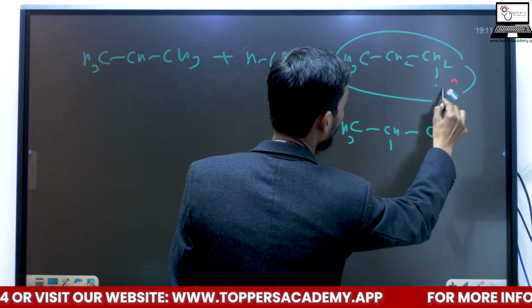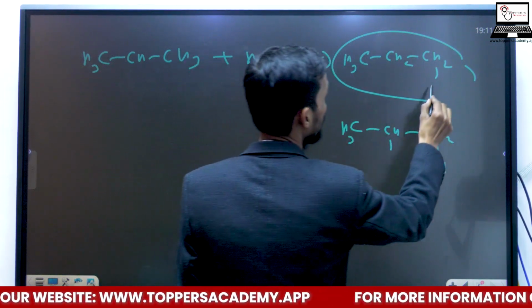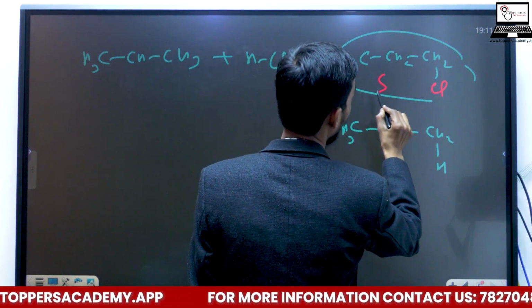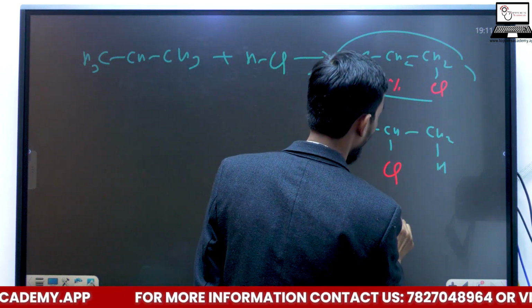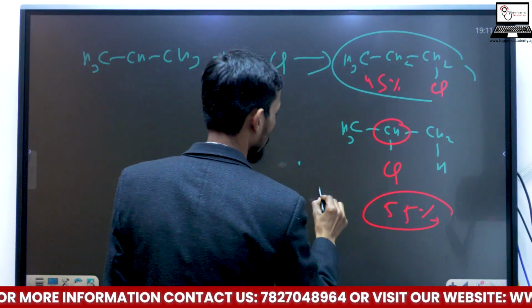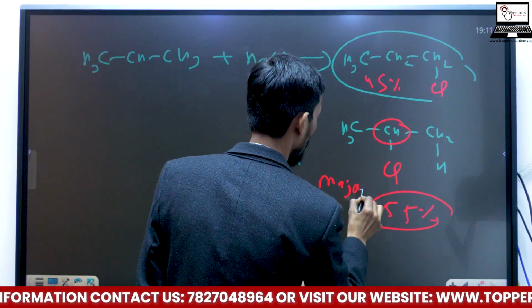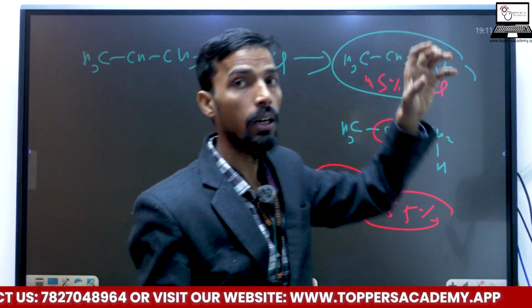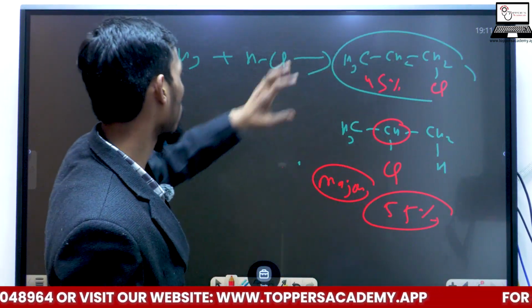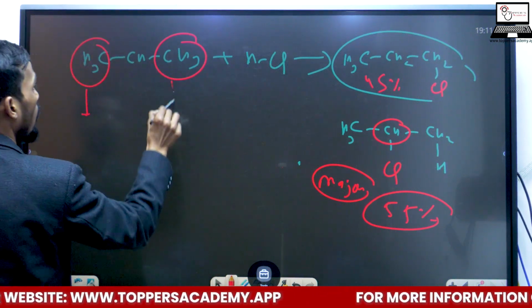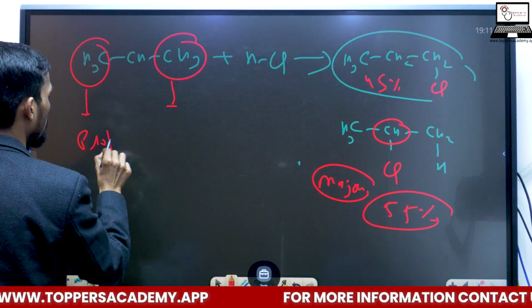So what will be the criteria over here? We will see this is Cl and this is also Cl. So this will be around 45% and this will be around 55%, 2 degree and major. But why are we getting this minor at a higher quantity, which means 45%? Because of the higher probability.